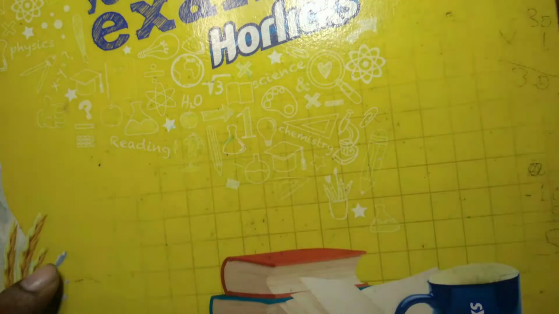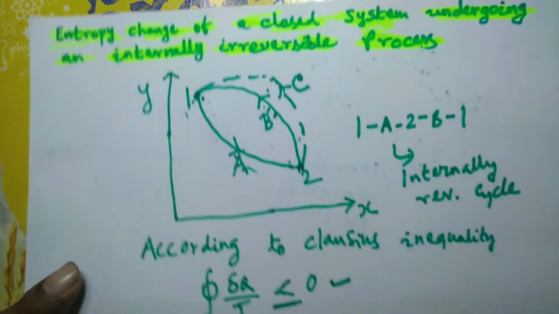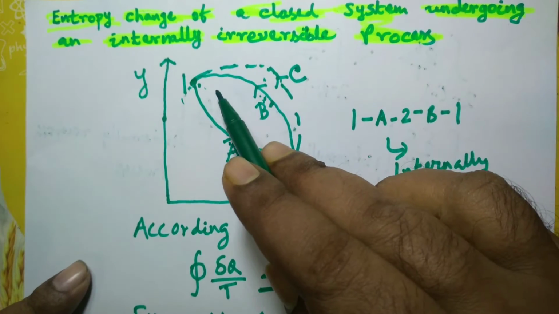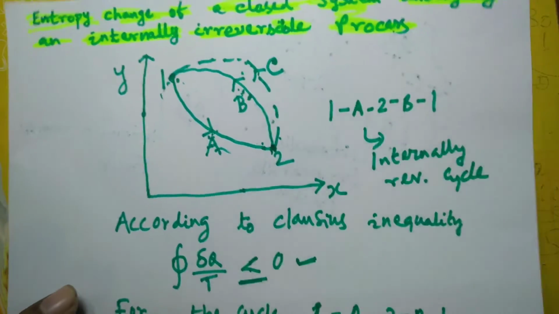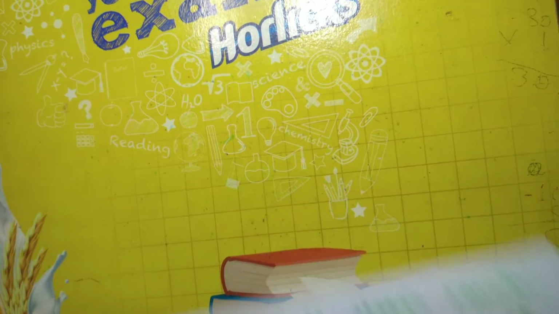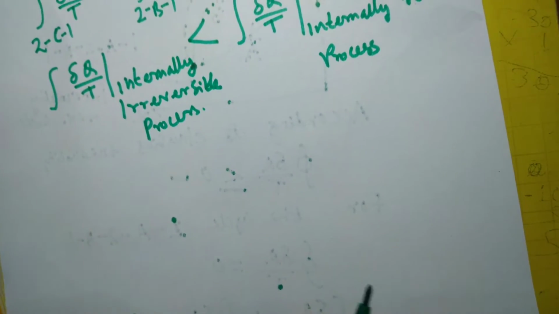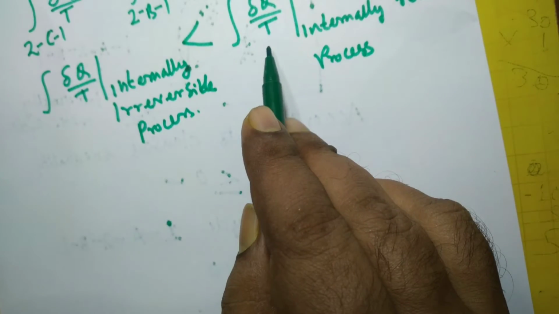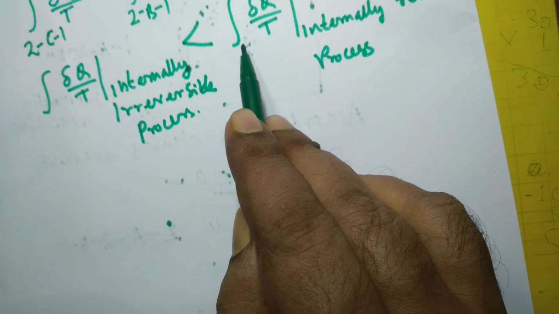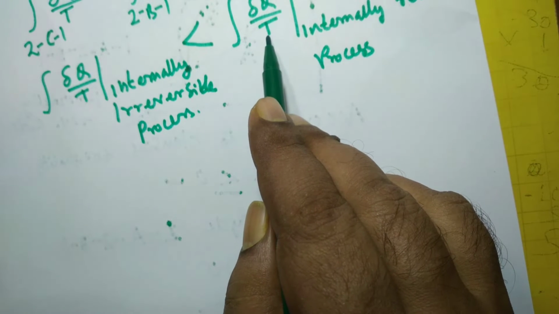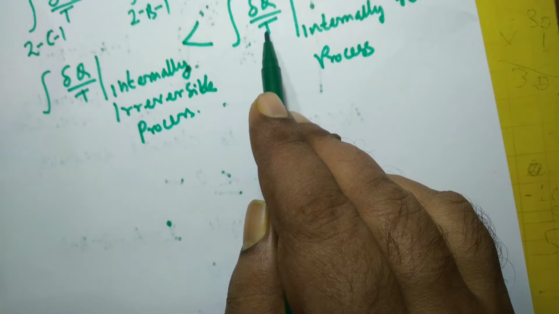You see on the property diagram, 2b1 is a reversible process and 2c1 is the irreversible process. We have already discussed that for a reversible process, delta S is equal to the integral of del Q by T.